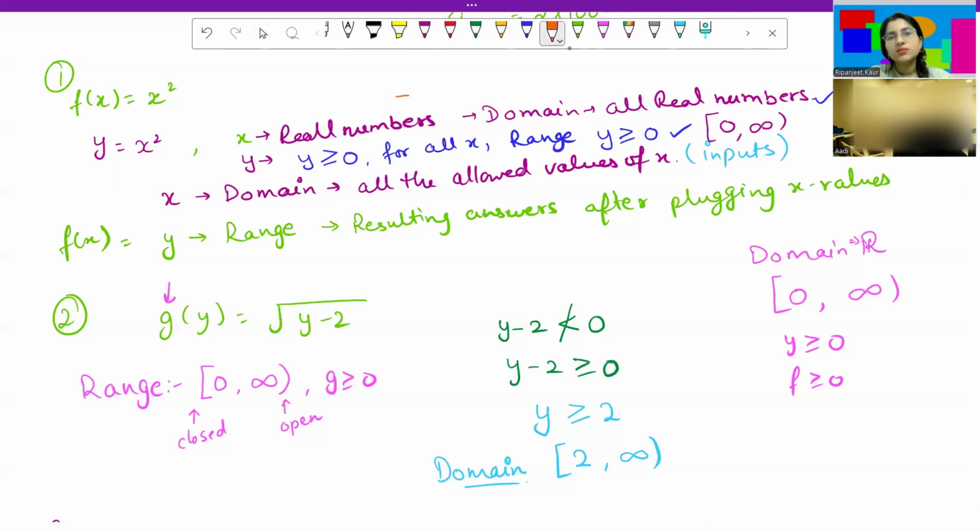And real numbers means all the negatives to all the positives, all of them. Yes, if both of them are the same, we can put R. Like if they are minus infinity to infinity, we can put R. This is the domain and this is our range. This is representing the set of reals.